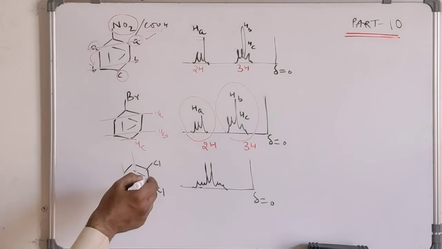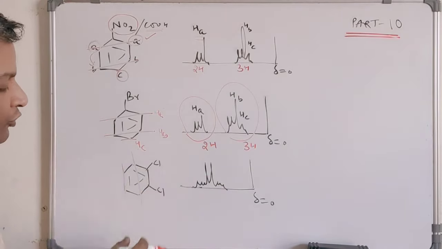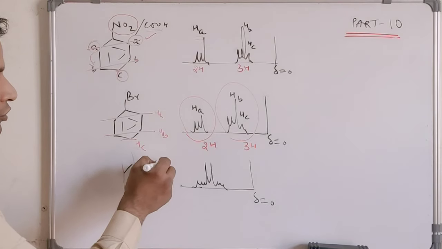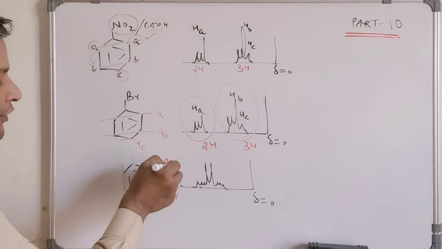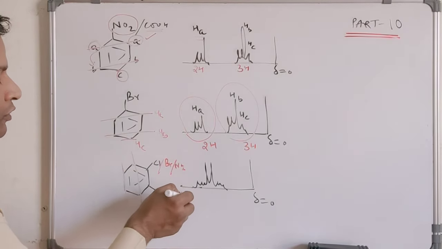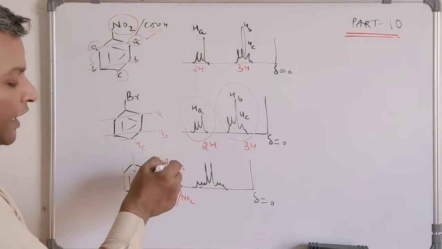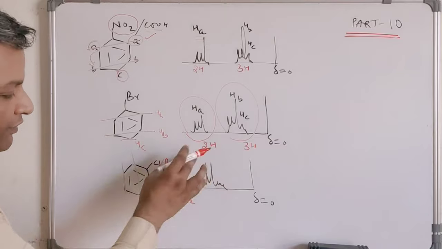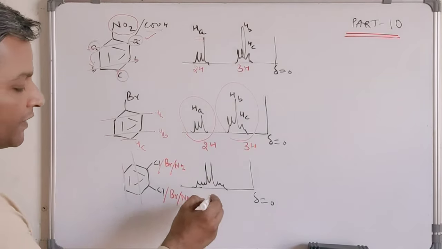In the case of orthodichlorobenzene, we again observe a bunch of peaks, but one thing we should note here is that whether it is orthodichloro, orthodinitrobenzene, chloro, bromo, or nitro, we observe a bunch of peaks, but the peak pattern will show some symmetry.